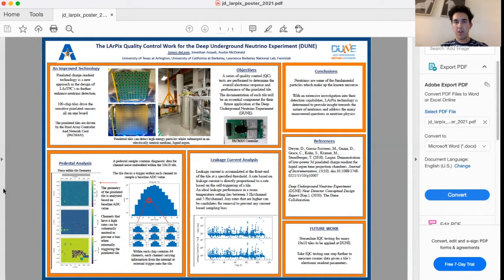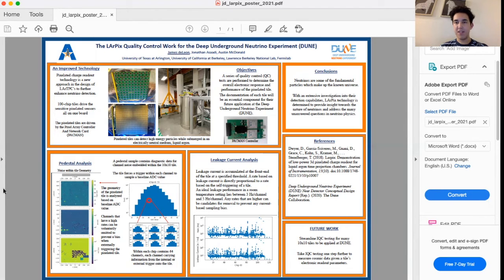Neutrinos are fundamental particles naturally occurring in our universe. However, they are electrically neutral and extremely hard to detect. Liquid argon time projection chambers have been a developing and effective method for detecting neutrinos.